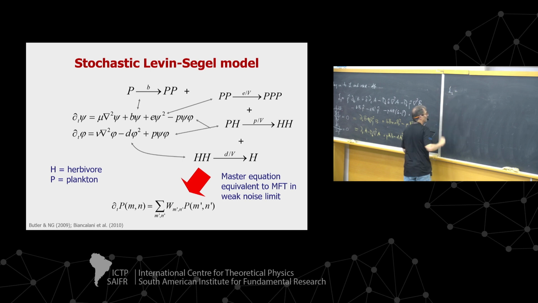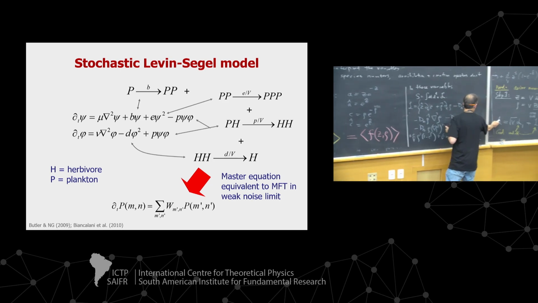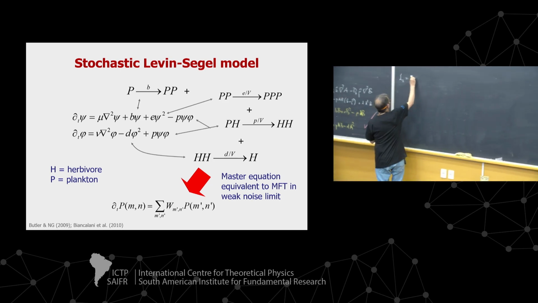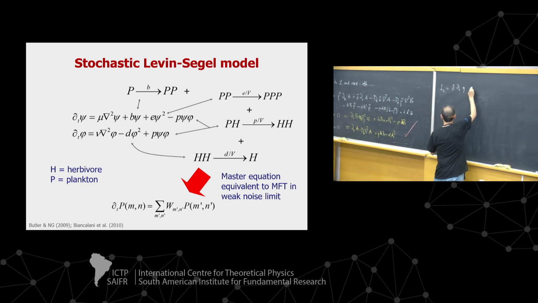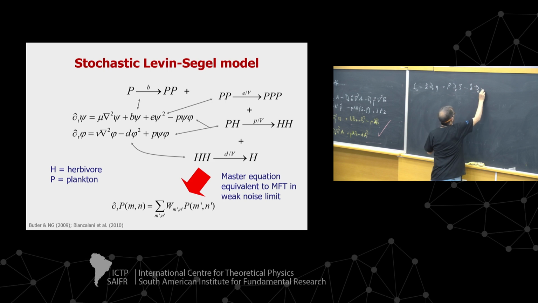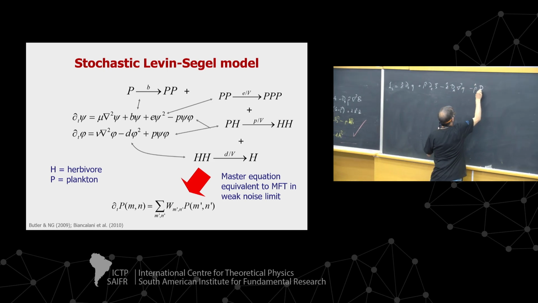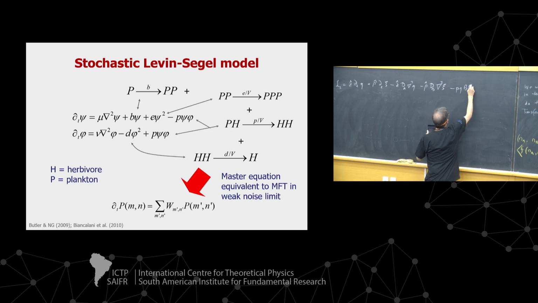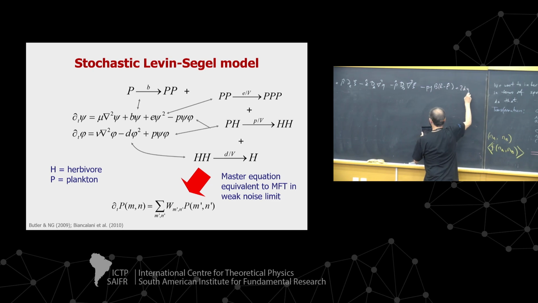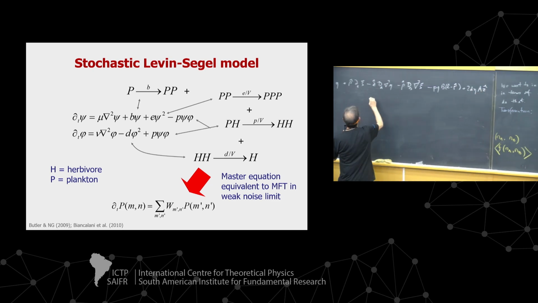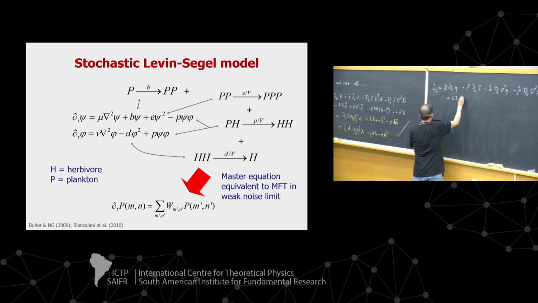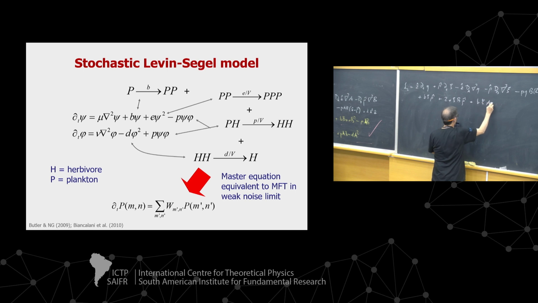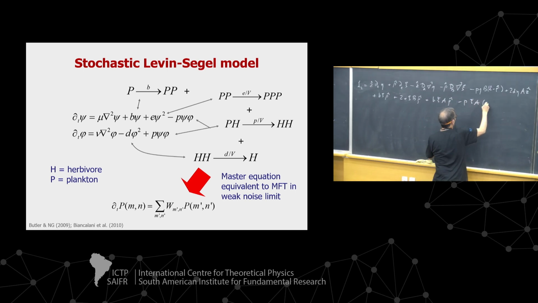So if I do L2, so that's the next order term in the Lagrangian density over here, then what I get is Z hat d by dt eta plus rho hat d by dt of the fluctuation psi minus Z hat dA del squared eta minus rho hat dB del squared psi minus P eta B Z hat minus rho plus 2d eta A Z hat plus B psi rho hat plus 2e psi B rho hat plus B psi A rho hat minus P psi A Z hat minus rho.